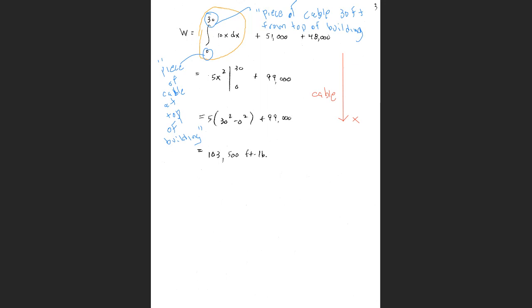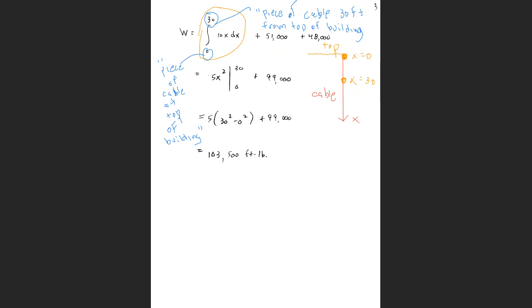And here's the top of the building. Here at x equals 0, that piece of cable is right near the top of the building. And at x equals 30, that piece of cable is 30 feet from the top of the building. So that's how we're getting those values.